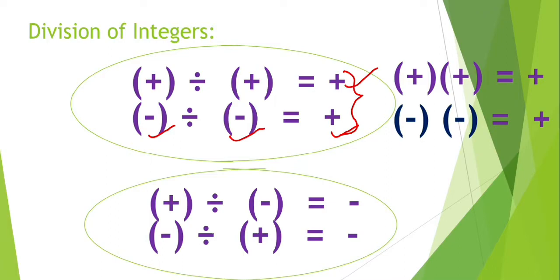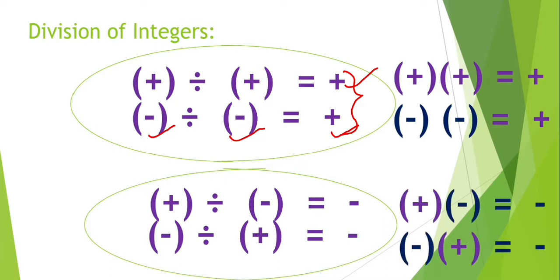And in division also, when you divide two positive integers or two negative integers, you will get plus as the result. And in multiplication, if you multiply positive and negative, plus into minus is minus, minus into plus is minus. In division also, plus divided by minus is minus, minus divided by plus is minus. These important points you have to remember while doing divisions and multiplications.